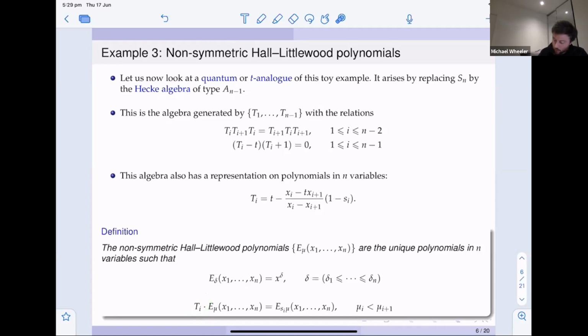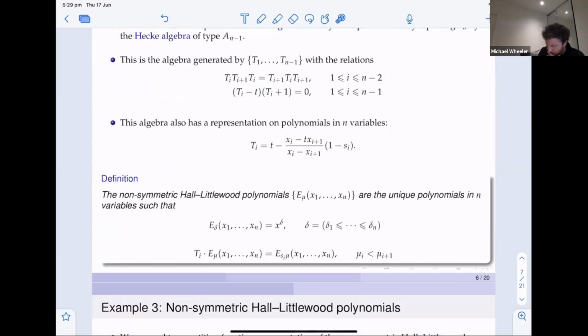Okay, and furthermore, the way that you actually recursively build up your composition doesn't matter. So the way that you do the decomposition of your permutation will not affect the result. And the reason why it doesn't affect the result is precisely because you have this relation here. Okay. So those are the non-symmetric Hall-Littlewood polynomials.